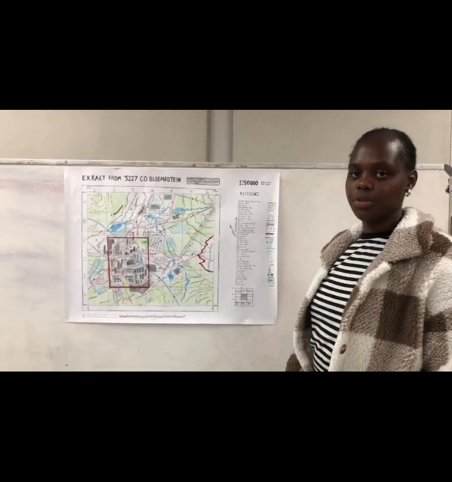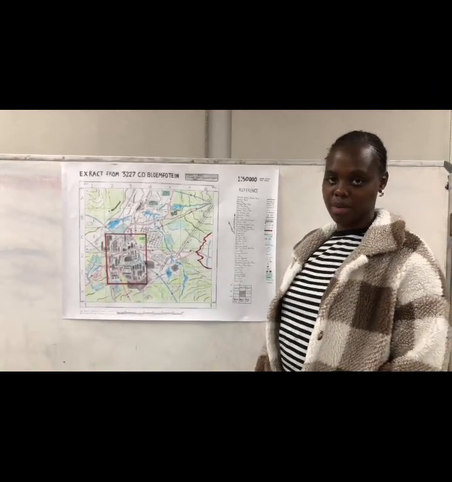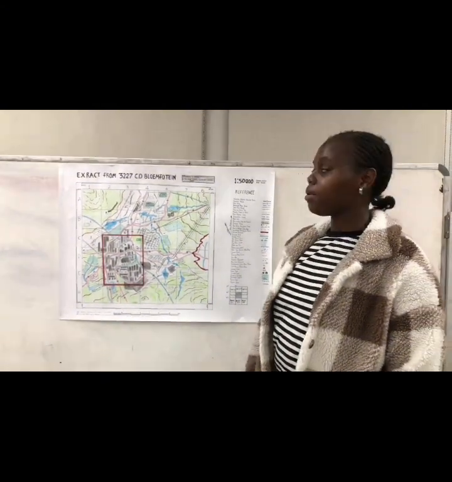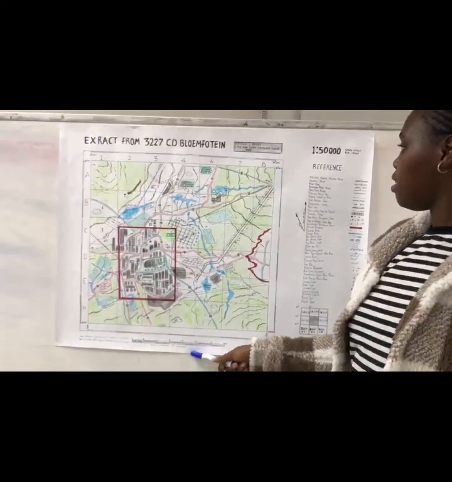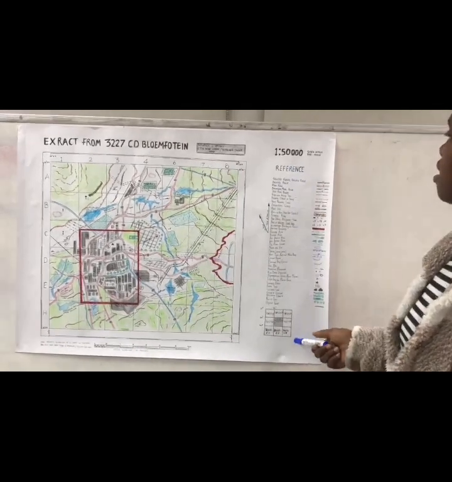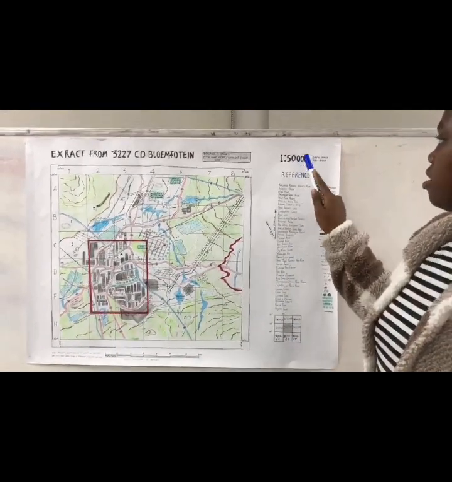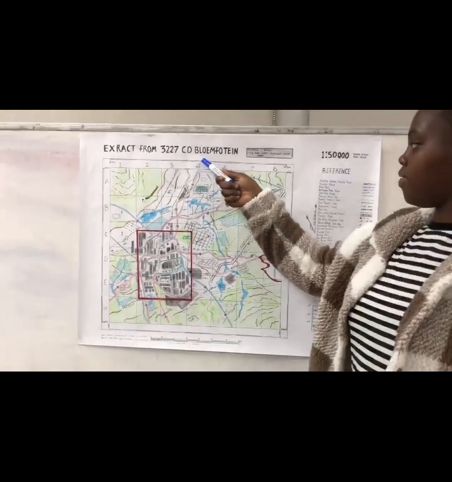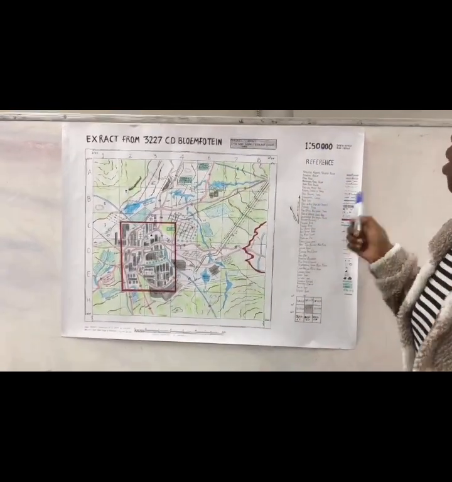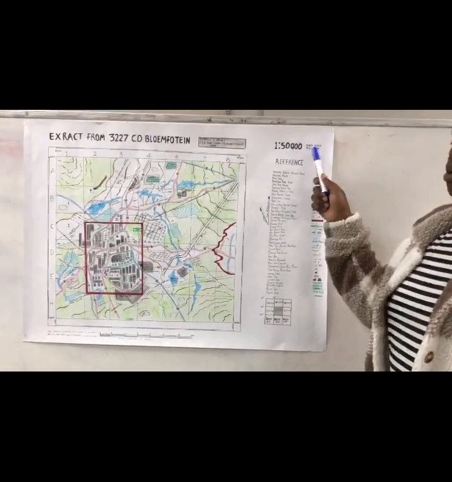So, how do you see a topographic map? A topographic map has a title, a line scale, a reference list, and a scale of 1:50,000. As you can see, this is a map of Bloemfontein. And what does 1:50,000 mean?